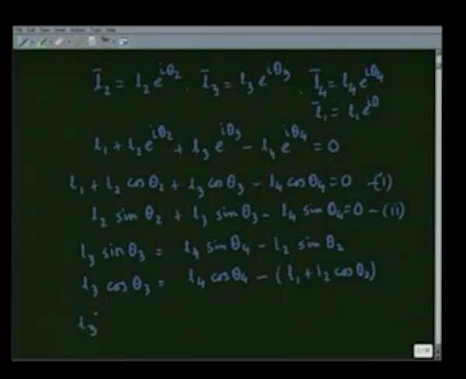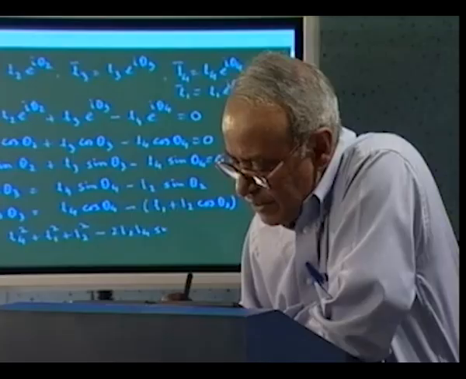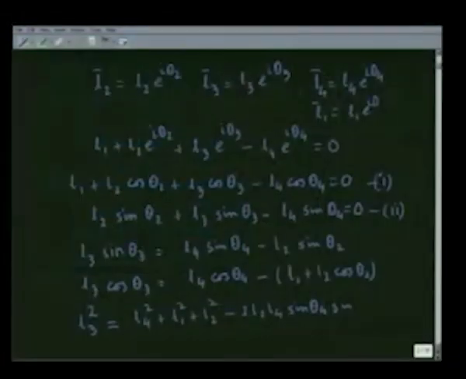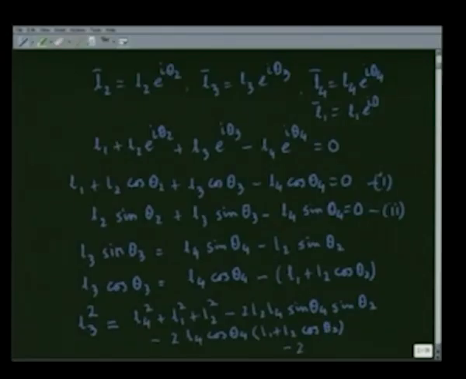So we square and add these two equations, we get L3 squared is equal to L4 squared plus L1 squared plus L2 squared minus twice L2 L4 sin theta 4 sin theta 2 minus twice L4 cosine theta 4 into L1 plus L2 cosine theta 2 minus twice L1 L2 cosine theta 2.